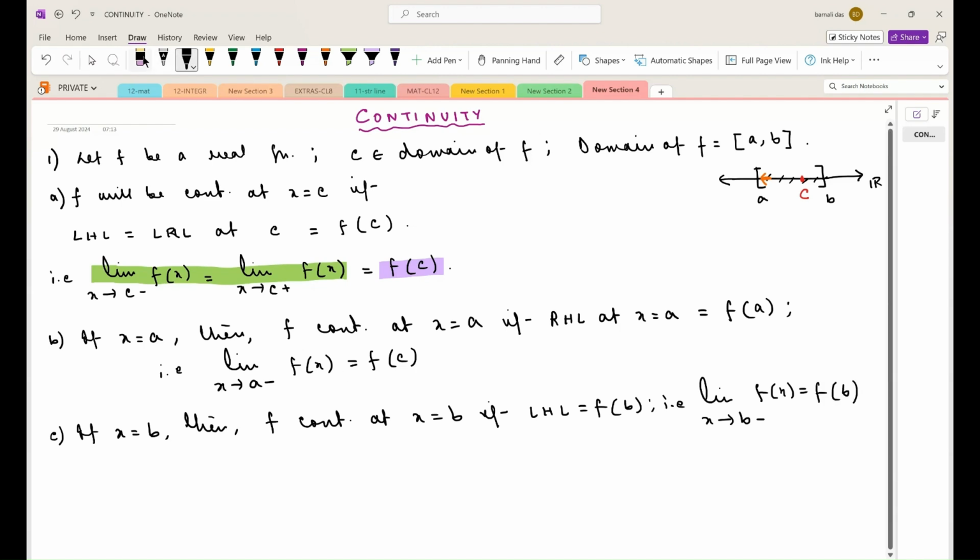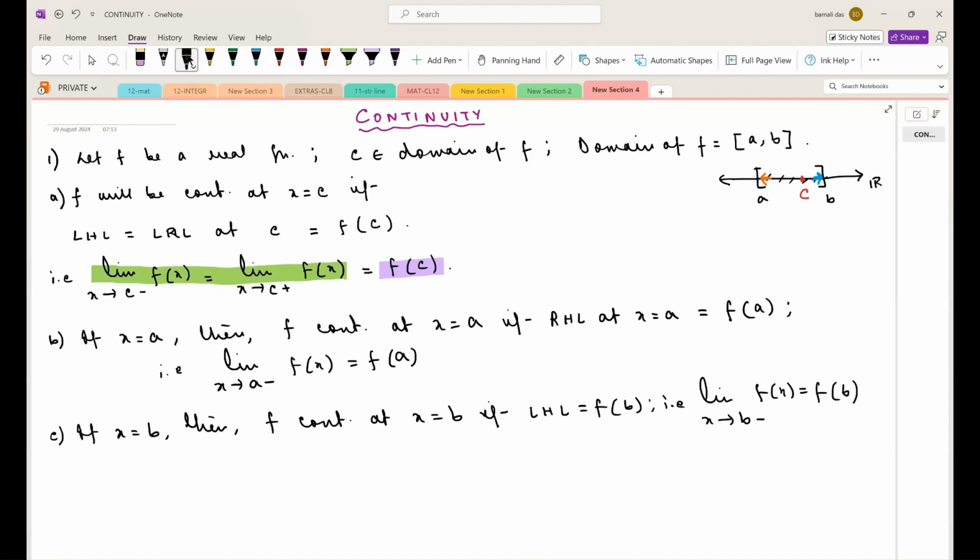Here, sorry, I made a mistake. This will be f(a) because you are checking the continuity at a. So in the third case, that is c, x approaches b from the left only because the domain ends there. So that is how we define continuity of a function at particular points in the domain. Those points may be the boundary points or a point inside the domain.